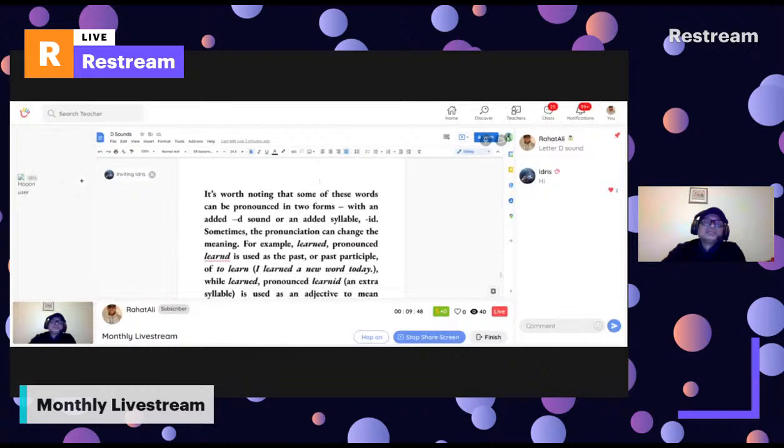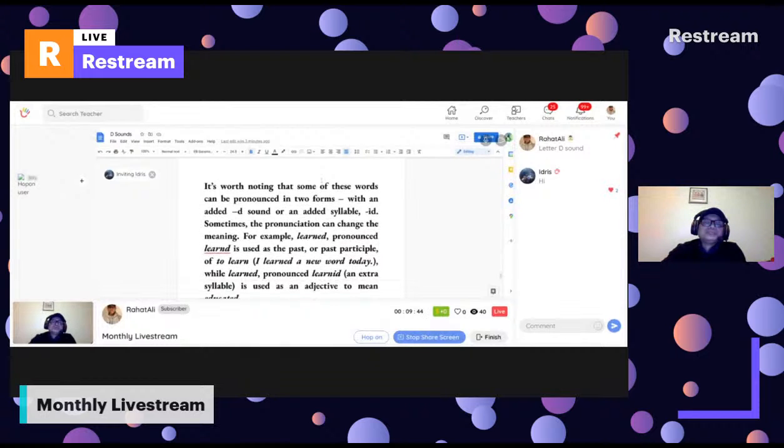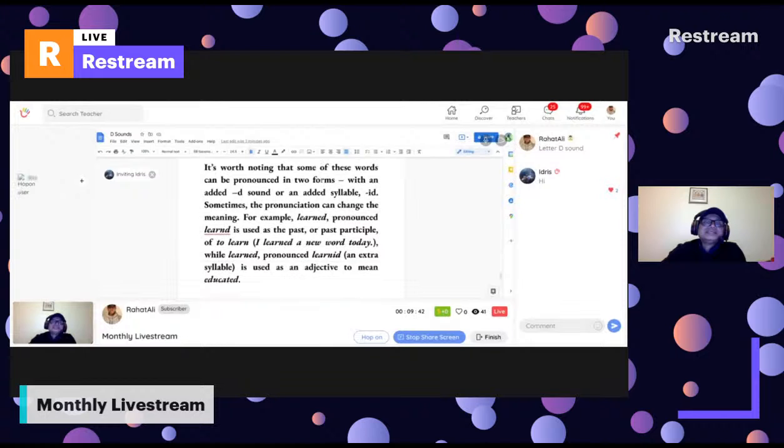Okay, it is worth noting that some of these words can be pronounced in two forms, with an added D sound or an added syllable ID. Sometimes the pronunciation can change the meaning. For example, learned, pronounced as one syllable, is a past tense or past participle. But when we use learned with two syllables, that time it is an adjective.